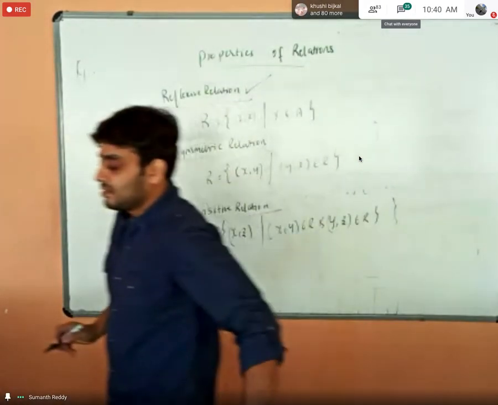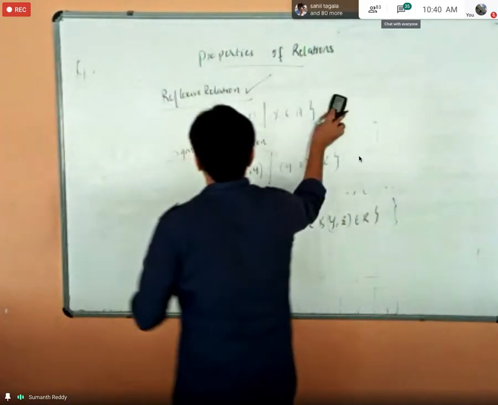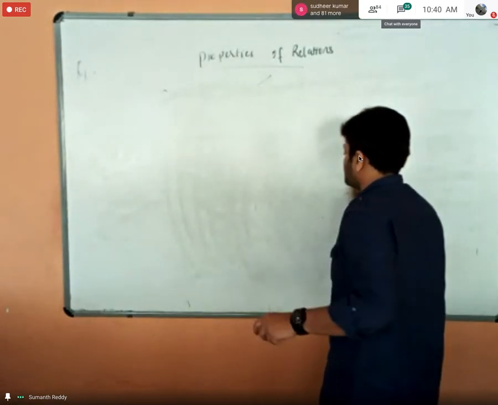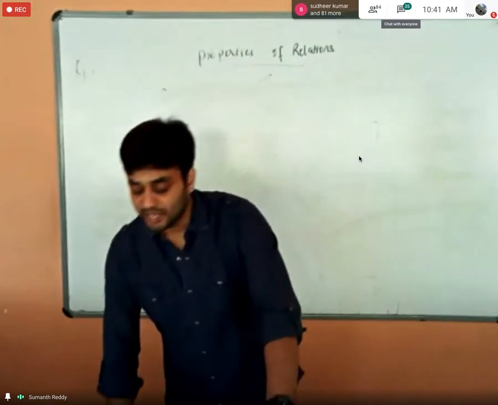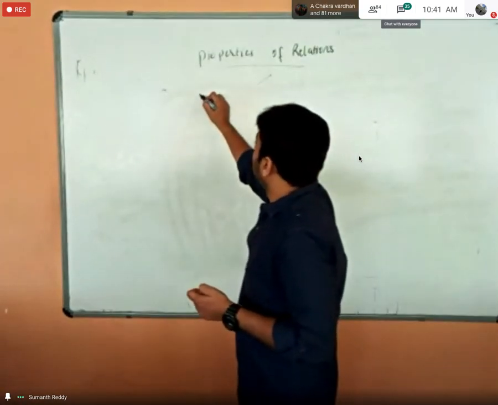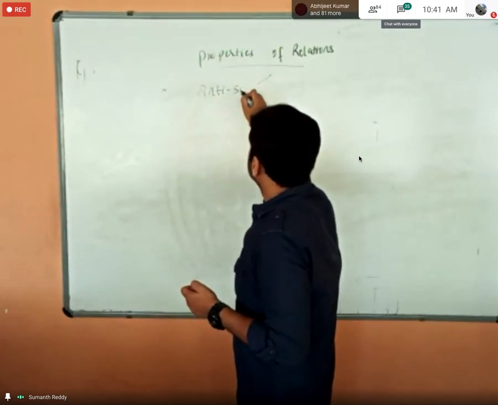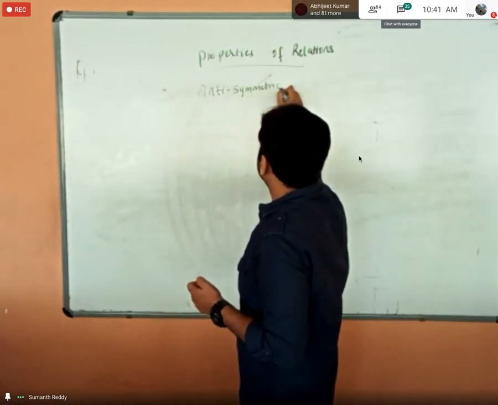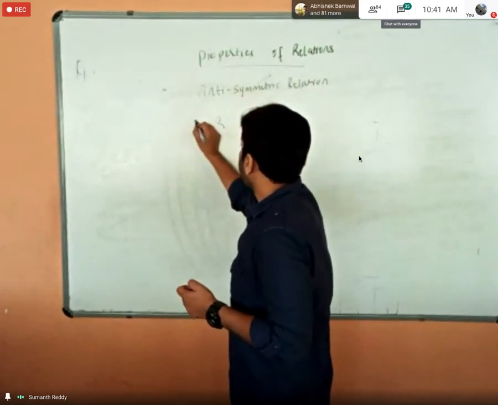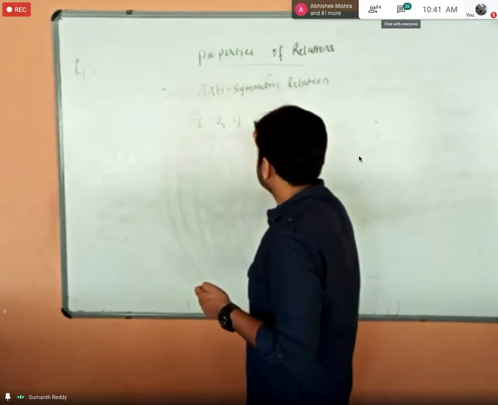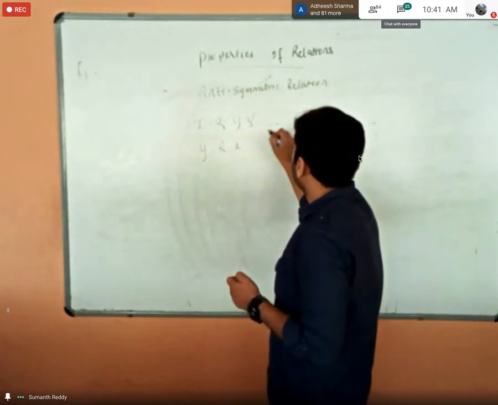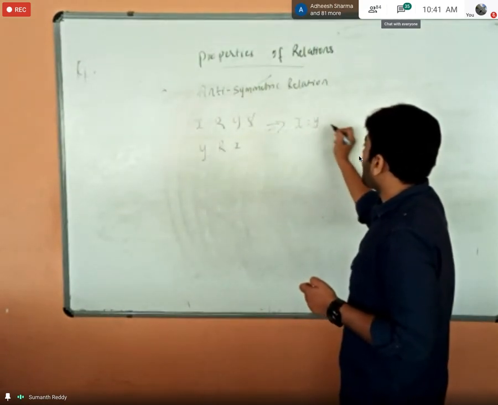The next one is the anti-symmetric relation. I have already given an introduction to anti-symmetric relation because I told you that for every theorem in the relations and functions topic, I will make use of the anti-symmetric property. This anti-symmetric relation tells that if you have some relation between x and y, and the same relation exists between y and x, then I can conclude that x is equal to y.